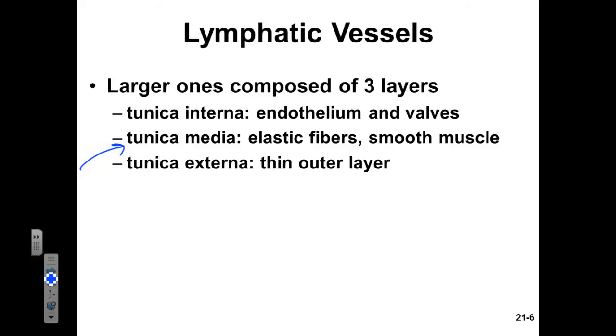Something else that a vein has that an artery does not have is the one-way valves. So if we compare the lymphatic vessel to a vein, there is going to be a lot of similarities. Just like with veins, we'll have a tunica externa. It's a very thin outer layer composed primarily of connective tissues that helps to anchor our lymphatic vessel in place.